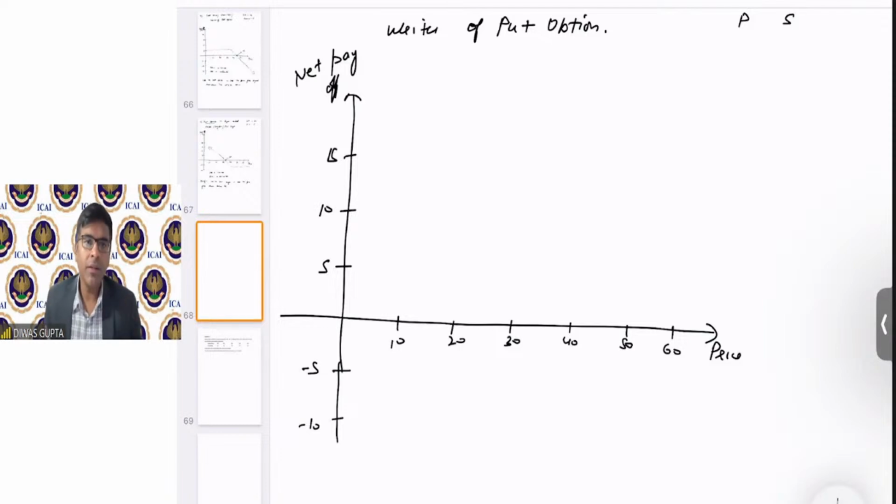So this is how the price and the net payoffs chart I've plotted. Now in this case, since this is from the point of view of the put option writer, the gain will be there till the time the prices are above 35. The moment prices go below 35, there will be a loss.